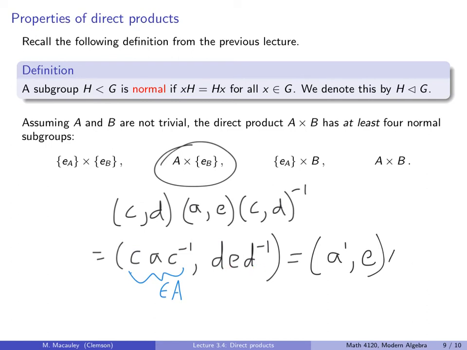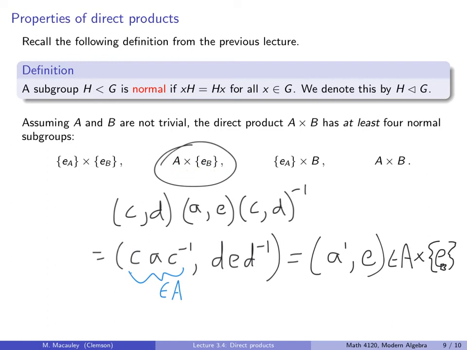And so this is in A cross the identity of B. I guess now I'll stick a little B there to denote the identity in B. And so therefore, this subgroup is normal.